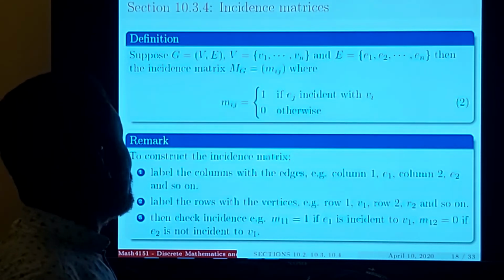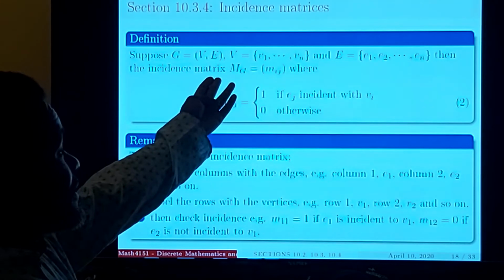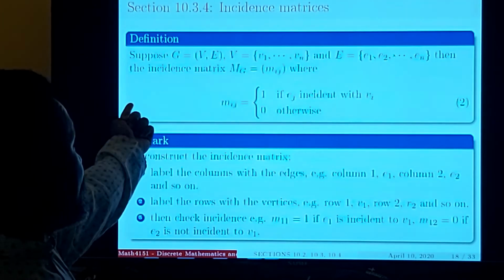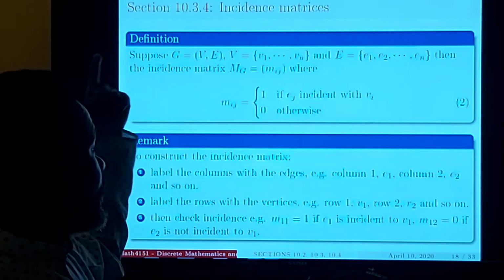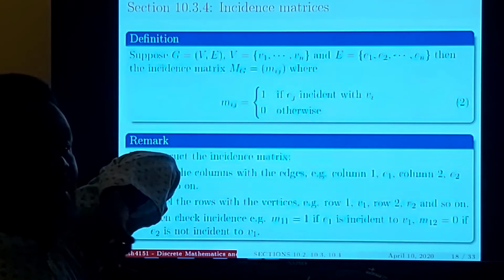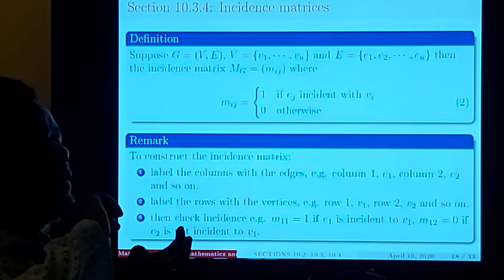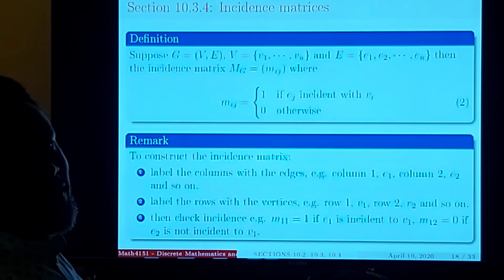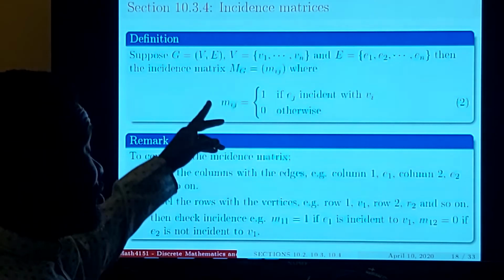Suppose G is a graph with those vertices and those edges, then the incidence matrix Mg equals Mij, where Mij is the ith row, jth column entry in the matrix Mg.